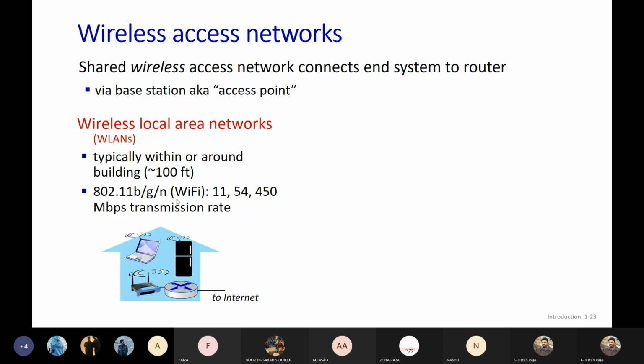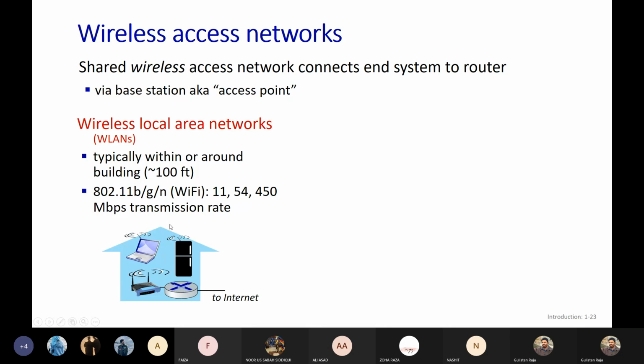I hope you can see this in your mobile phones also. You need an access point to access this. In our organization and at your home, you have an access point, and through that access point you get wireless internet connectivity. There are various speeds: 11 Mbps, 54 Mbps, 450 Mbps, and higher.